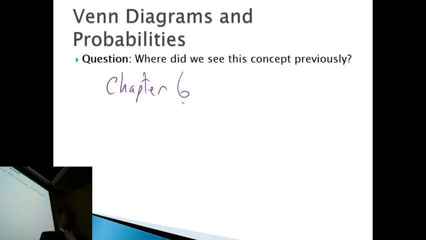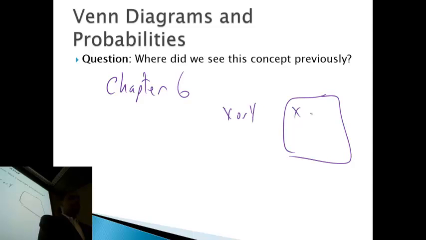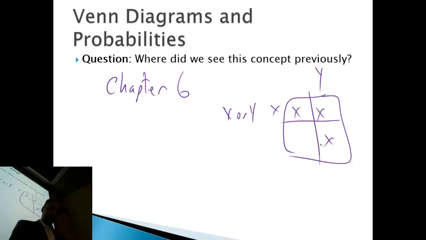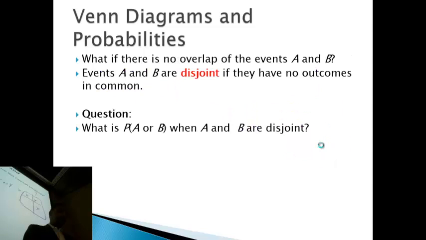Okay, so it did show up before where I said something like event X or Y, and you had some table. And you have to find those probabilities or those percentages. Moving forward. Well, if there's no overlap, then the events are called disjoint.